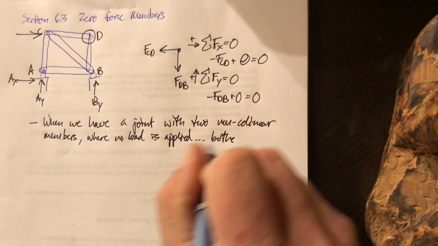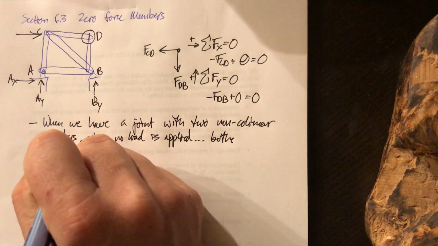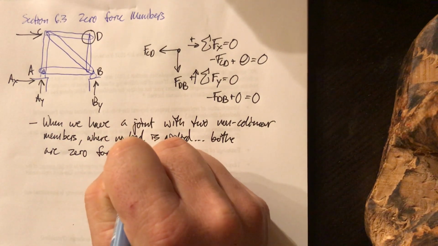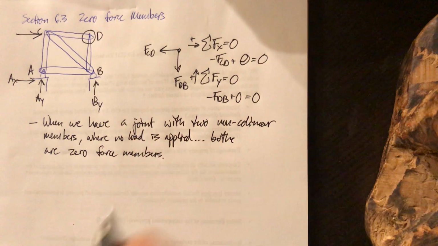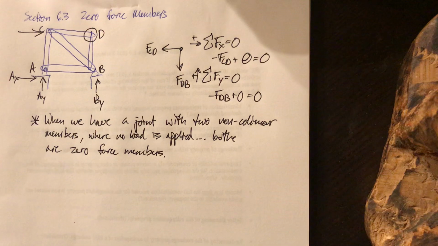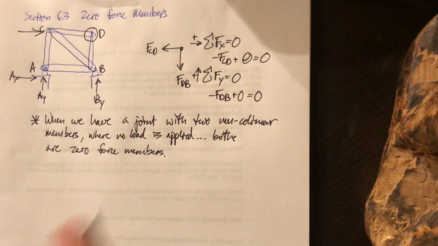Both are zero force members. Okay, so this is kind of definition number one. When you have a joint with two non-collinear members and there's no load applied at the joint, both are zero force members.